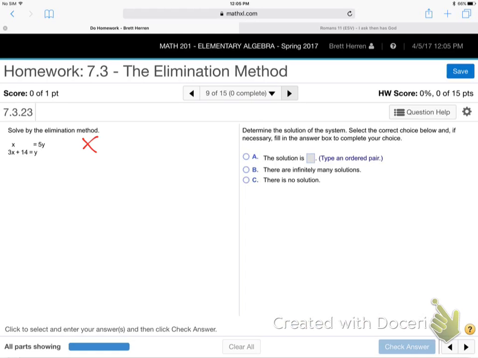So x equals 5y, and 3x plus 14 is y. I guess I'm kind of moving things around here. Well, it already tells you what x is for one thing, so that's good. I guess it's not a number though, it's got letters. All right, well this time they're kind of rearranging things, aren't they?